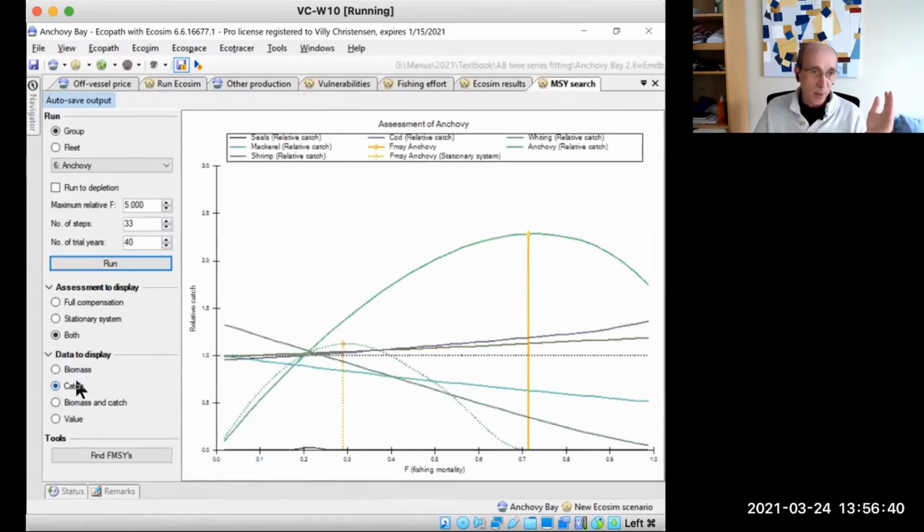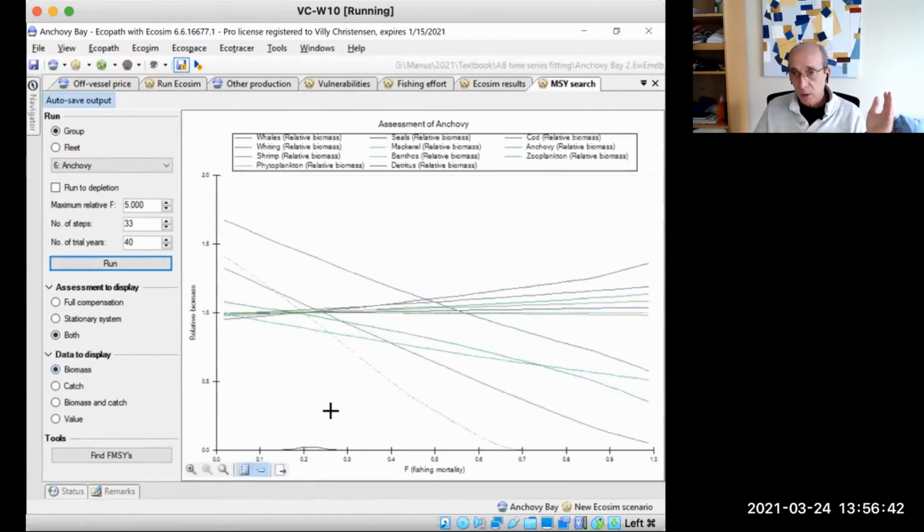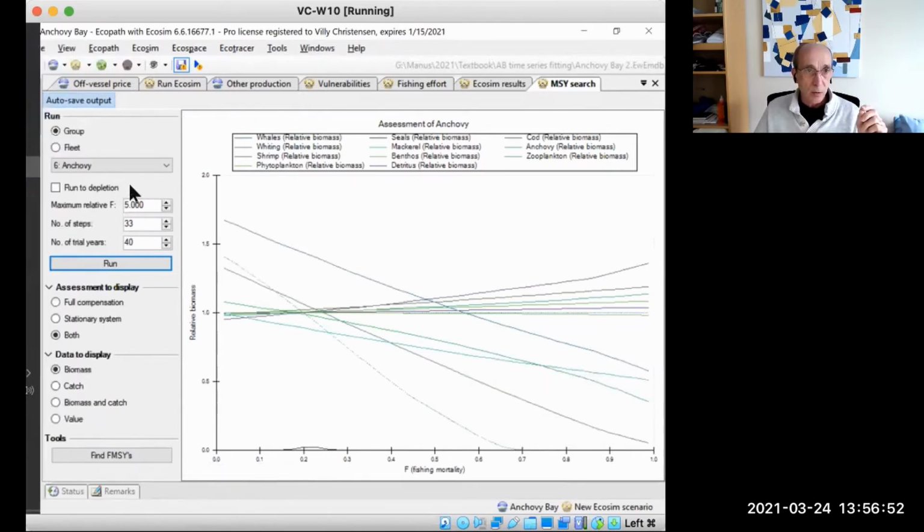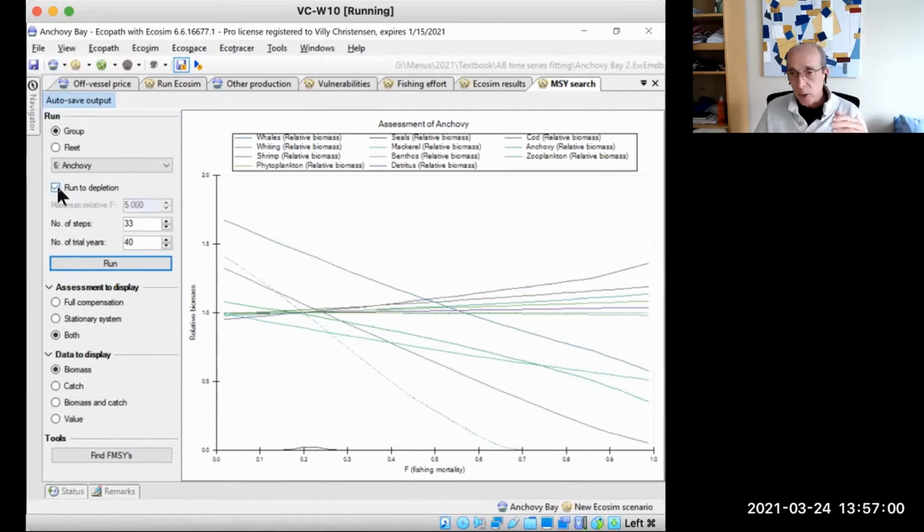We need to look at the biomass. So in this case, anchovy is at 0.3, at 3.5 at the end of it. If I ask it to run to depletion, then it's not going to do 5 times, it's going to do more. It's going to run until it has depleted anchovy.